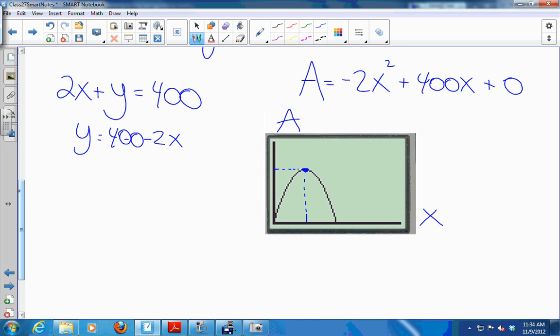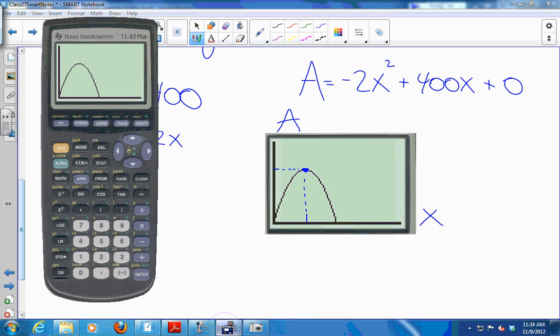So there's two things I could do. I could have the calculator find it for me. That's pretty easy. Just do second, calculate maximum.